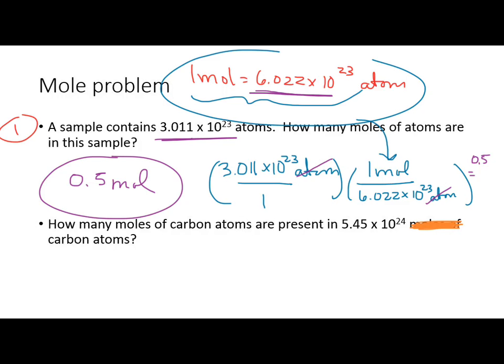Now we haven't done many chemistry problems. This is one chemistry problem I wanted to get to. So my first term is going to be that 5.45 times 10 to the 24th carbon atoms over 1.